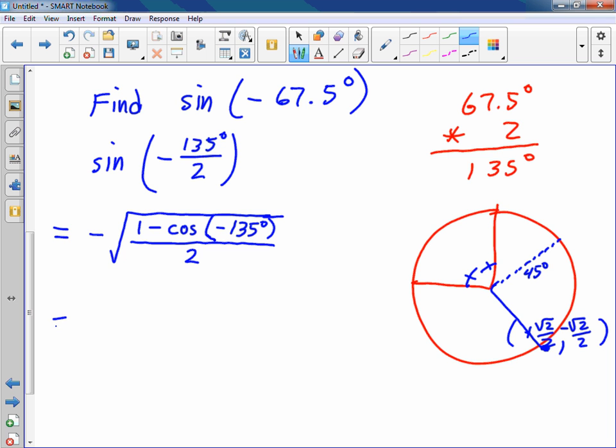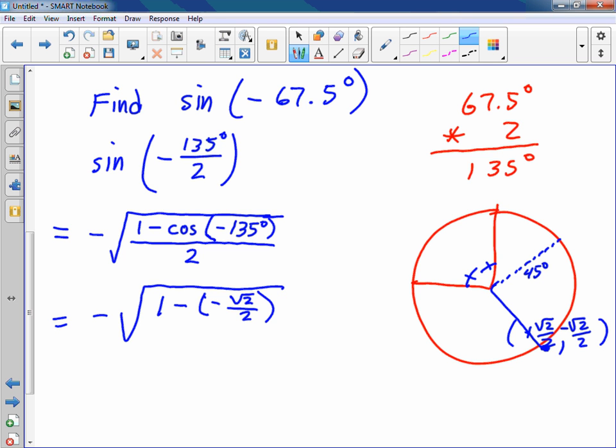And then we can say that equals the opposite of the square root of 1 minus, and we can check out over here. There it is. 135, negative square root of 2 over 2.